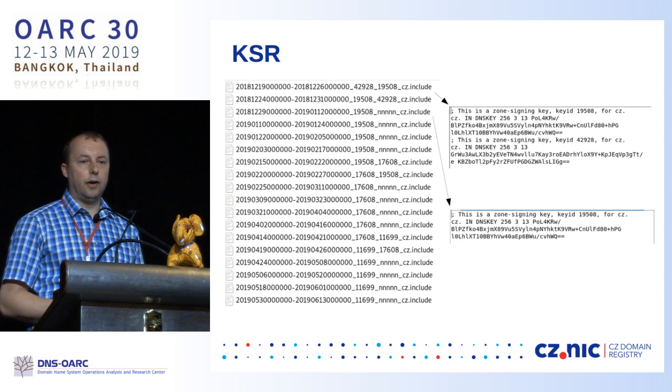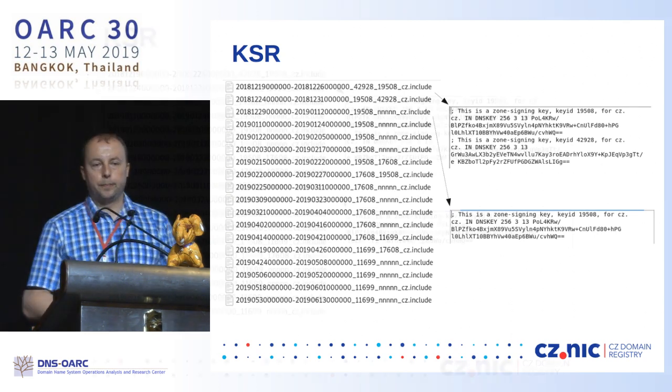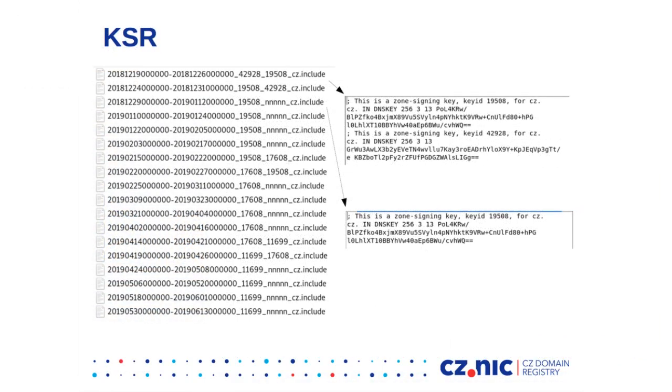So how does our key signing request actually look? It's a tarball with a bunch of files. Each file is for one set of DNSKEY records. You can see that there is a timestamp, or time of validity, of these records, and then there is the key tag of the ZSK that's included in this file.